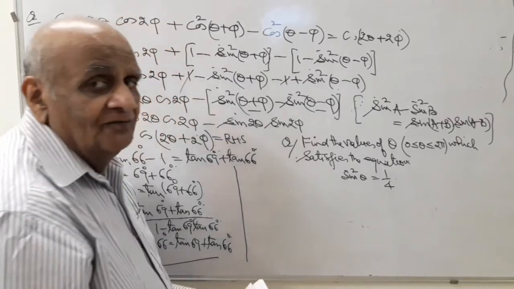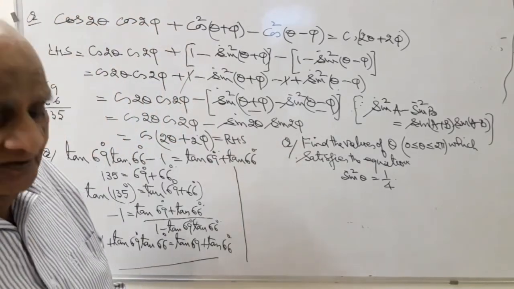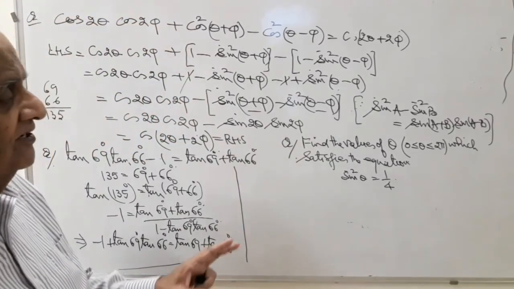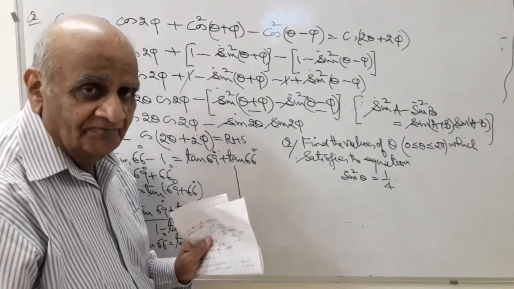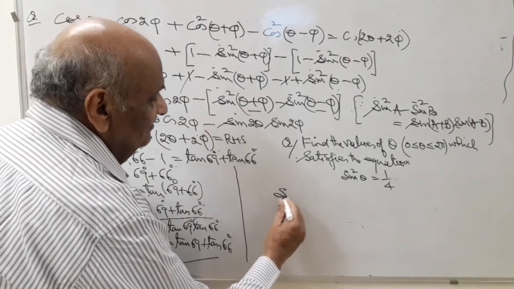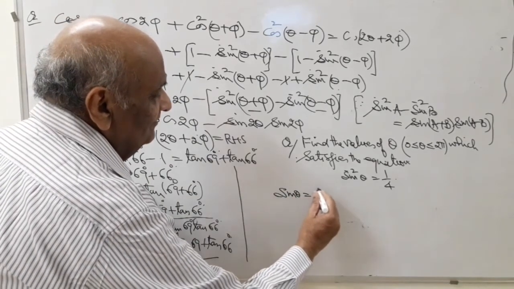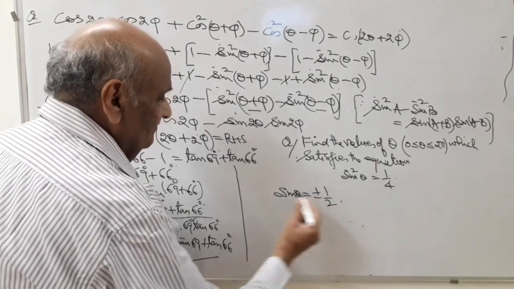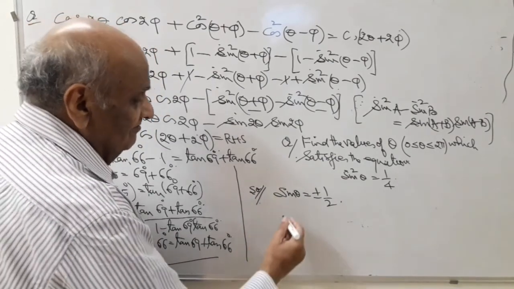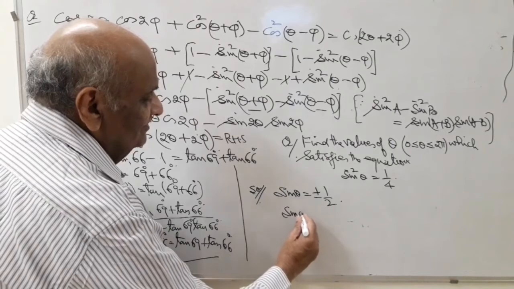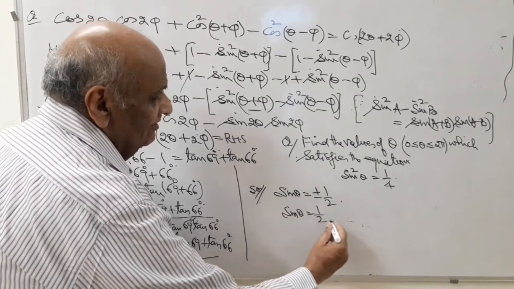Now, if such a type of question is given, how to solve? I am to find the values between 0 and 2 pi. I say sine theta is plus minus half in the solution. Two cases arise. First is sine theta is equal to half.